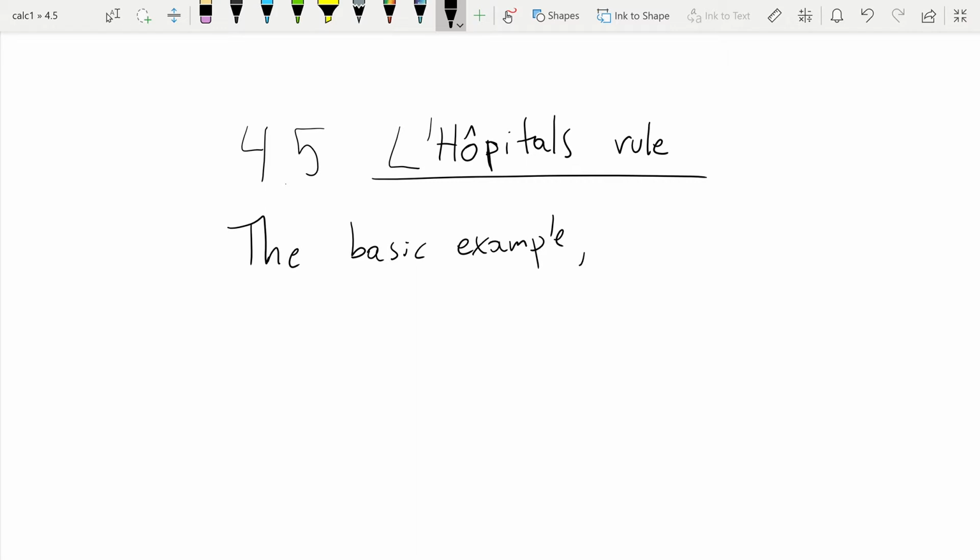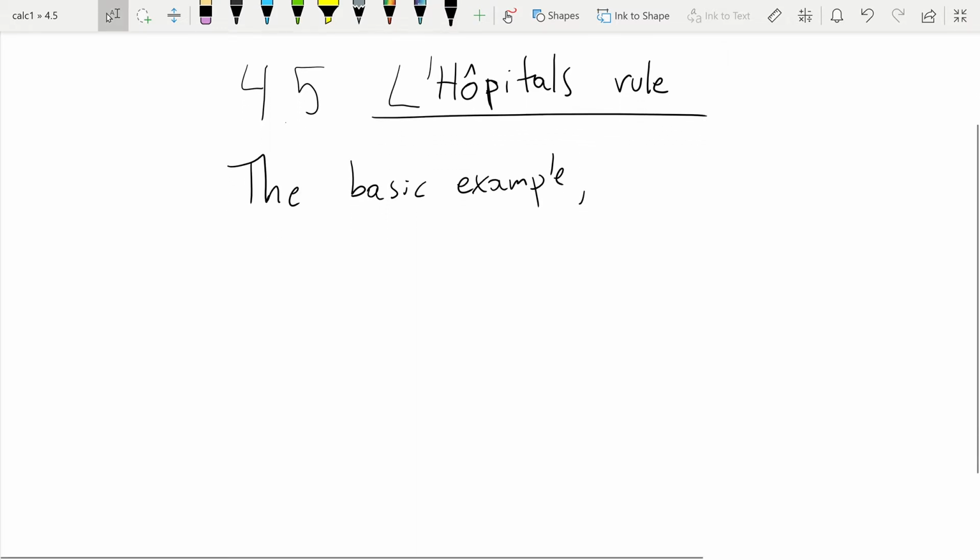So we're going to reduce all the other expressions to an expression of this form: something divided by something. Two functions that are approaching zero at the same time or infinity at the same time, and you're dividing one by the other.